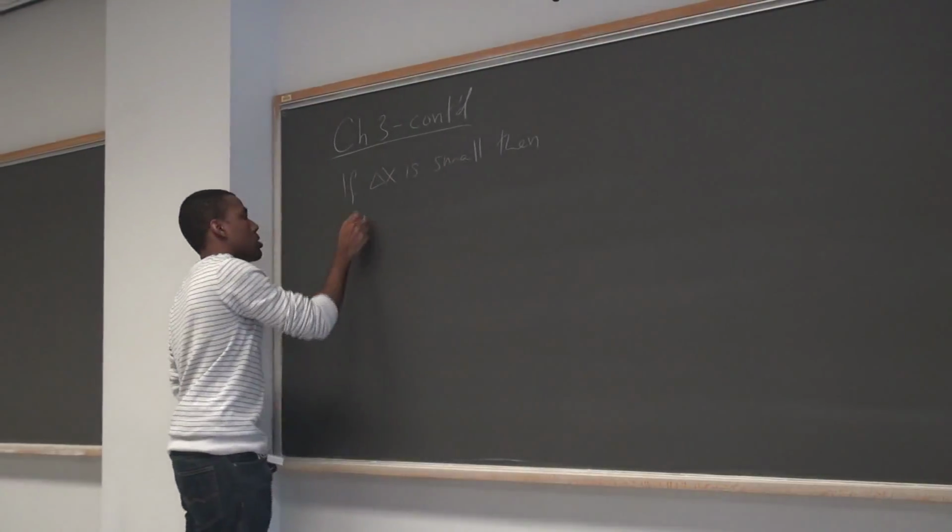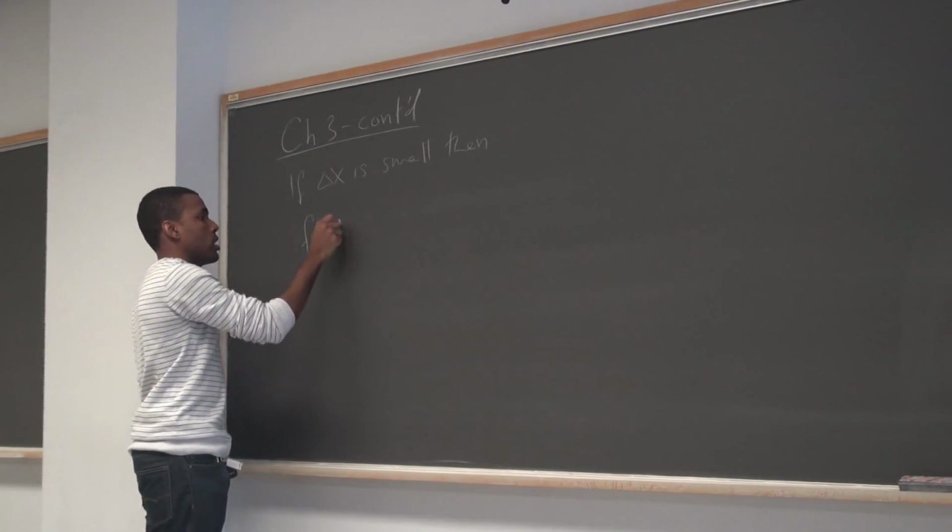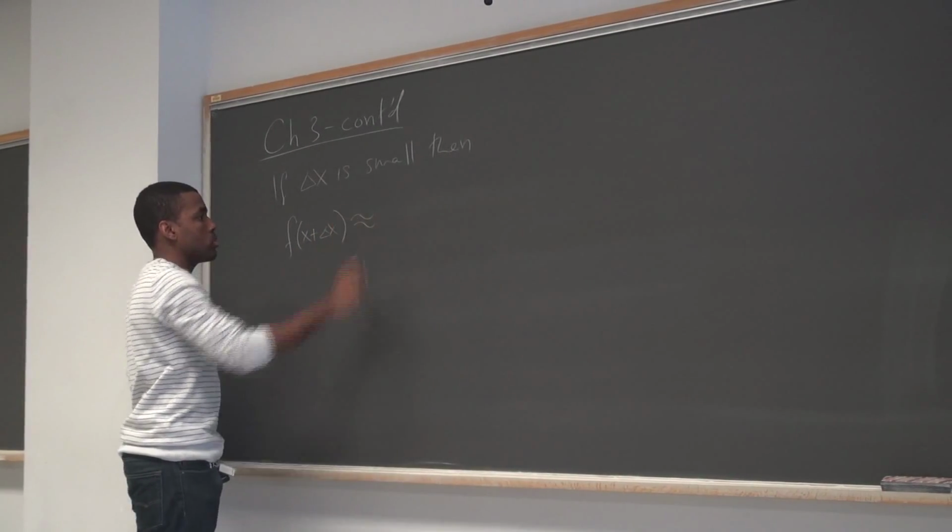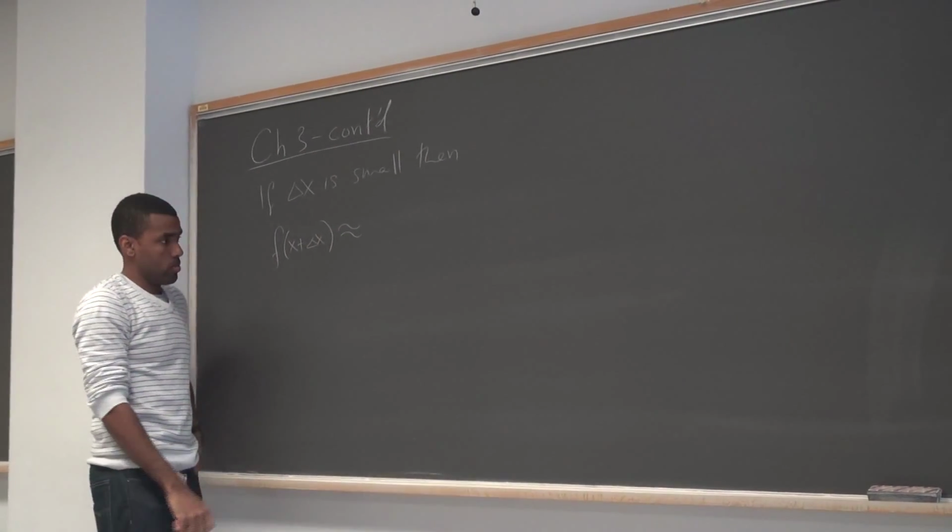We spoke about delta x is small and x plus delta x is approximately equal to, what was the formula?